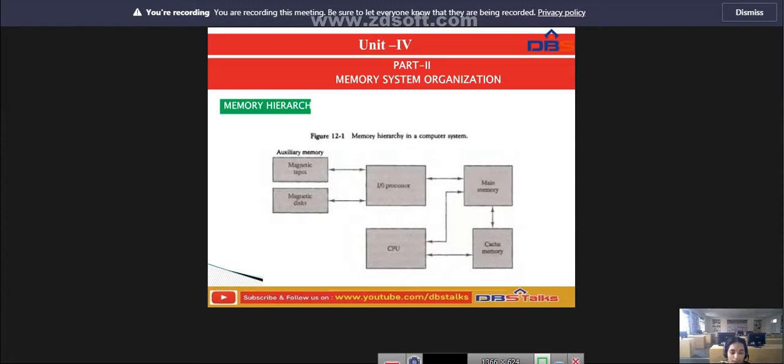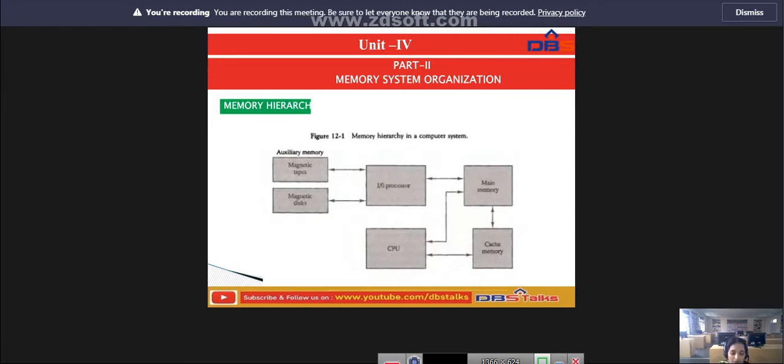When programs not residing in main memory are needed by the CPU, they are brought from auxiliary memory. Programs not currently needed in main memory are transferred into auxiliary memory to provide space for currently used programs and data.